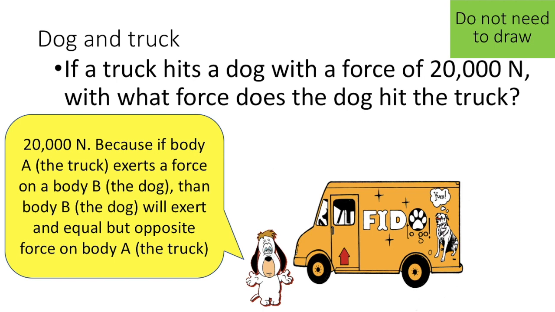And this is because the truck exerts a certain force on the dog, which is the object or body B, and therefore the dog will exert the equal but opposite force on body A, which is the truck. This is the epitome of Newton's third law.